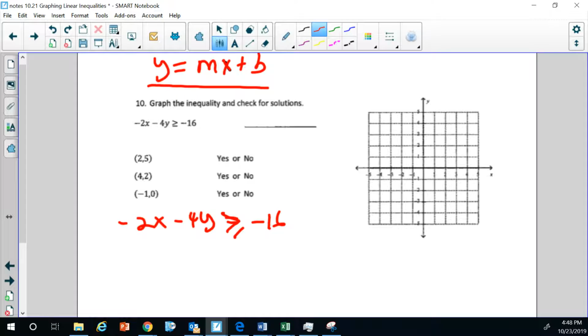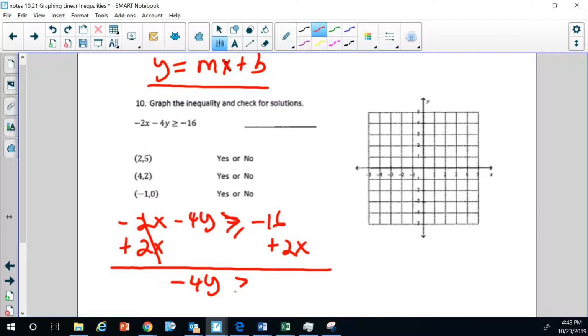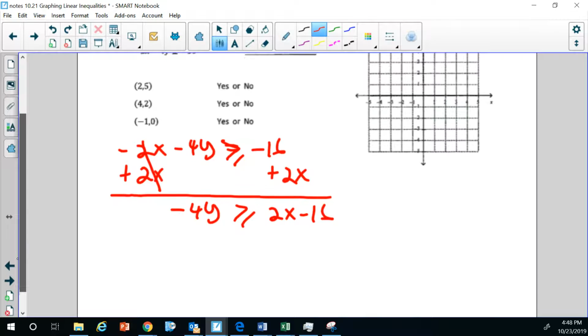To do that, I'm going to add 2x on both sides. That goes away, and that leaves me with negative 4y is greater than or equal to 2x minus 16.